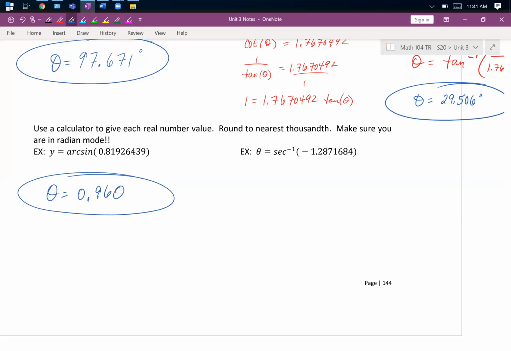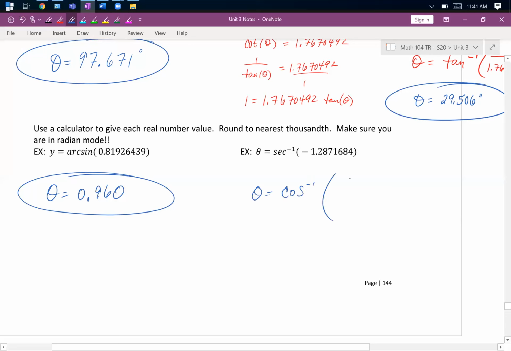There you go. All right, so the next one is secant inverse. So we just saw in the previous one that what we're going to do is switch it to cosine inverse. However, we need to do the reciprocal of the argument.